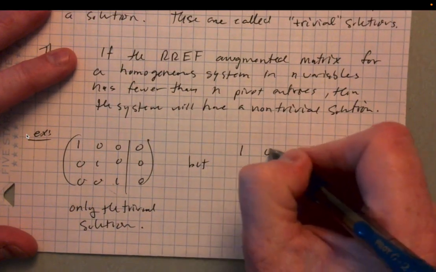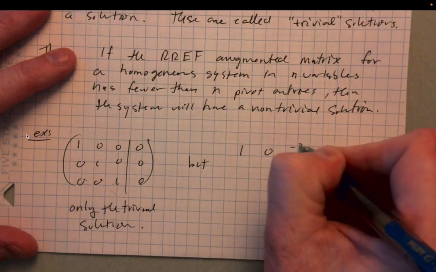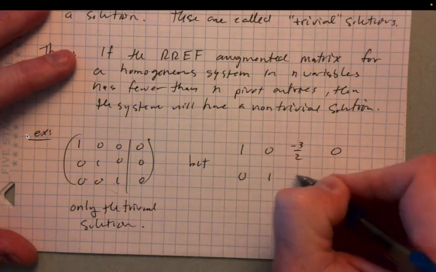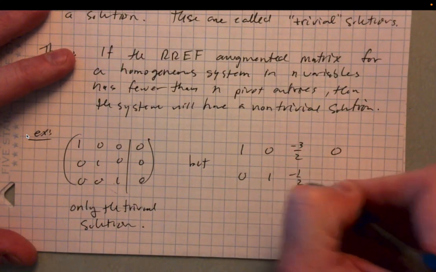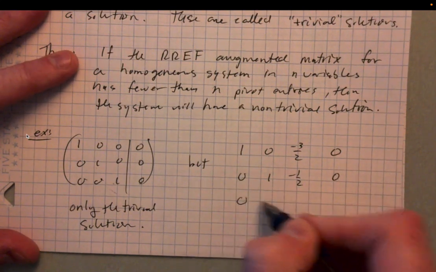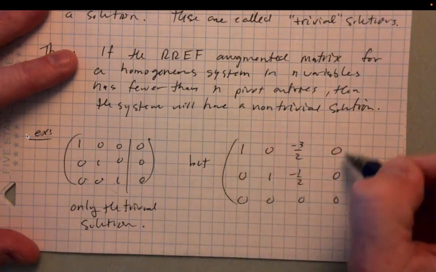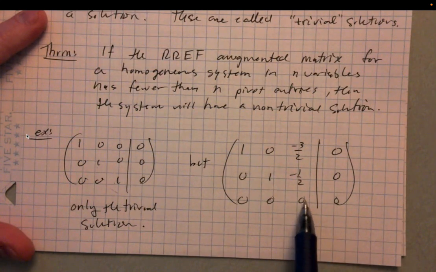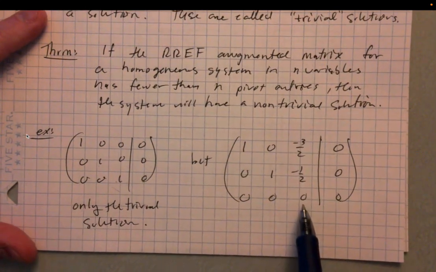1, 0, negative 3 halves, 0, and 0, 1, negative 1 half, 0, and then 0, 0, 0, 0. This is also a system with 3 variables, x1, x2, x3. But here you can see that I do not have a pivot entry for the x3 variable.